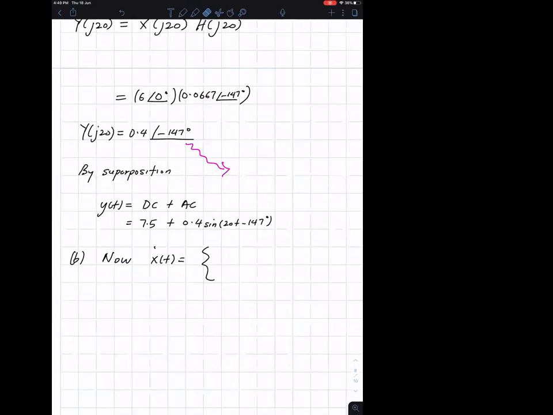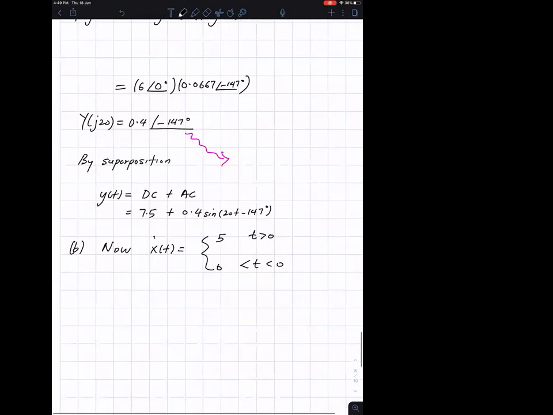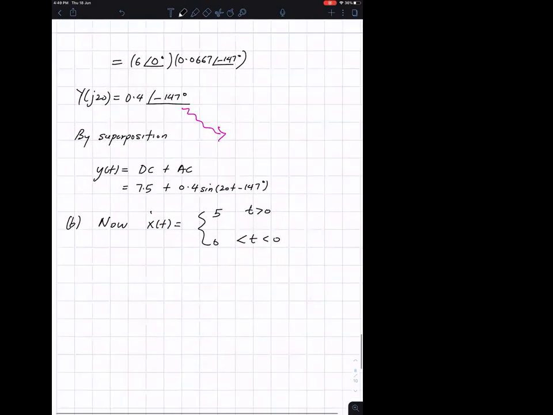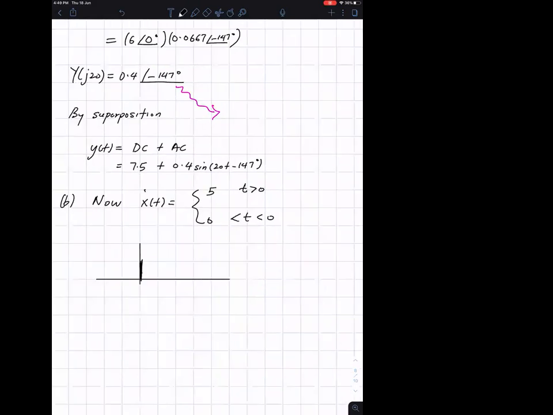Five for t greater than 0, 0 for t less than 0. The step function. Now your input is different.